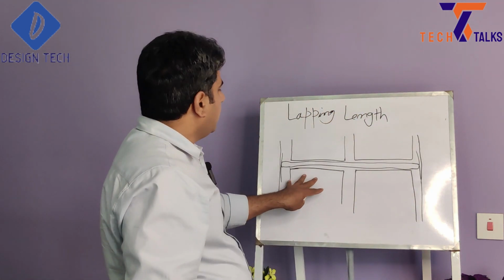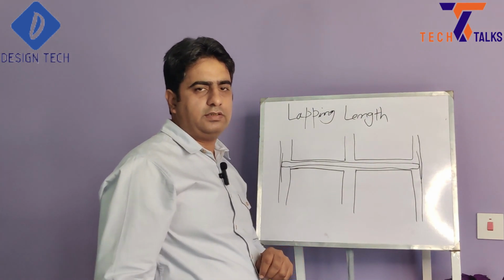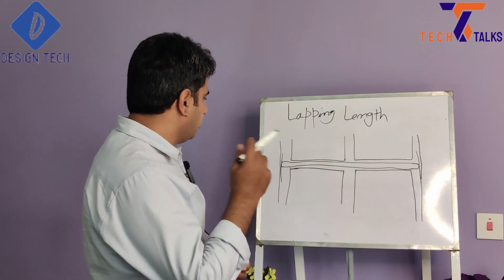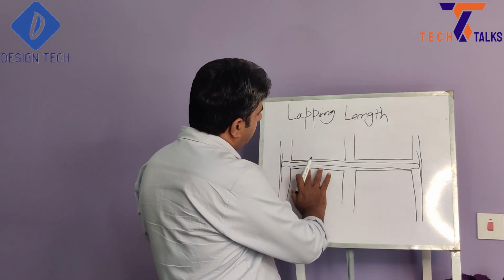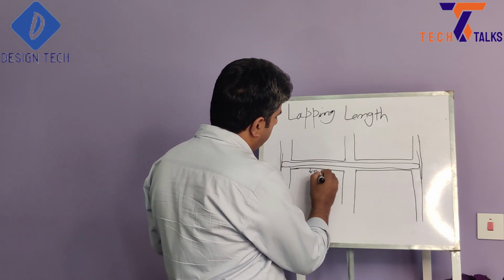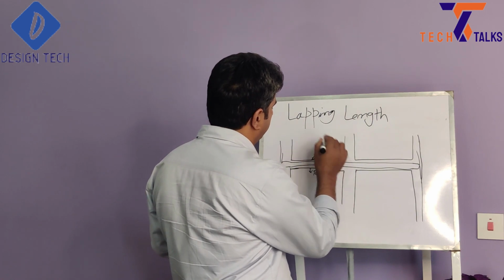Okay, now it's our continuous beam. So now we need to select the location of lap length, meaning where we will provide it and how we will provide it. Like this is the tension zone of the beam, and this is the compression zone.